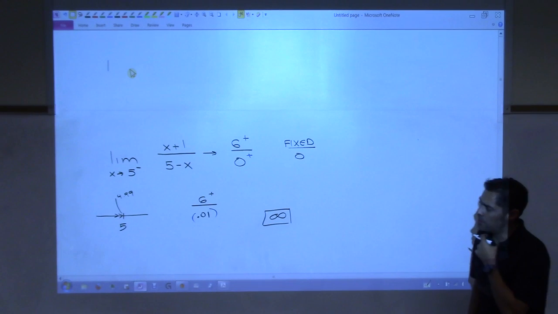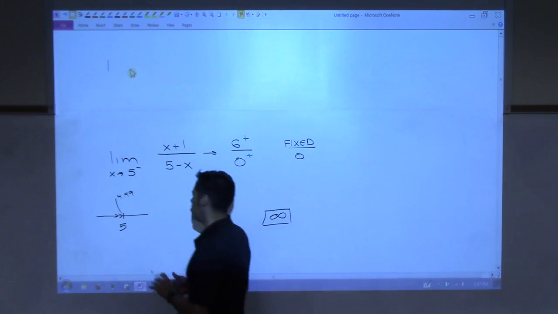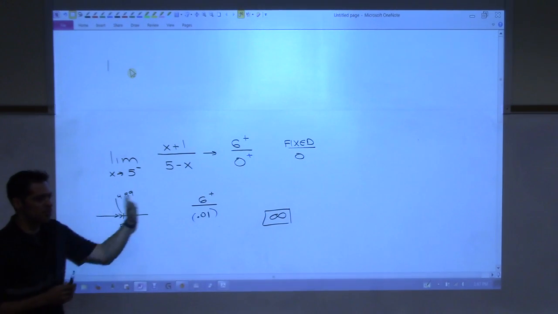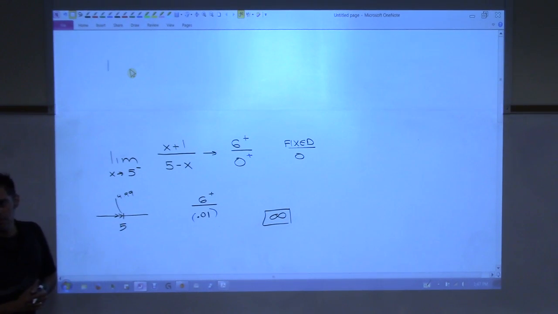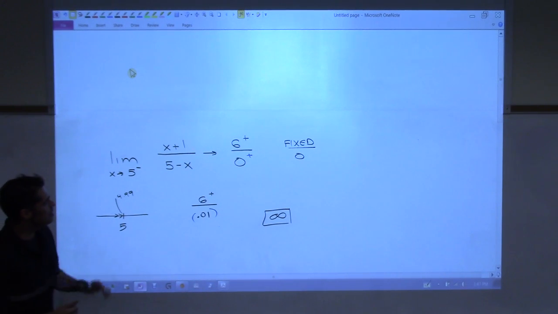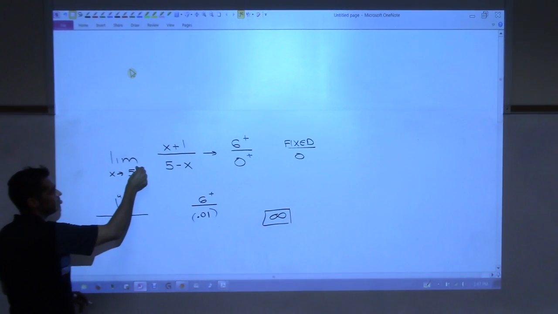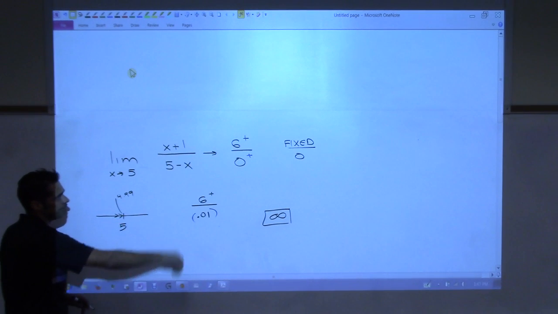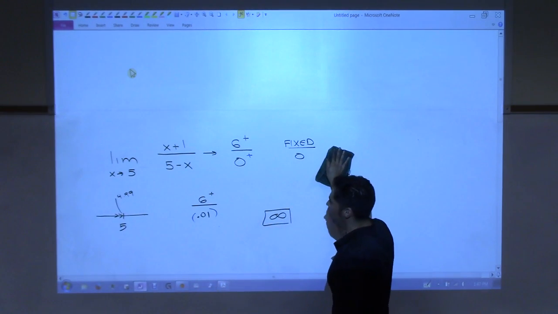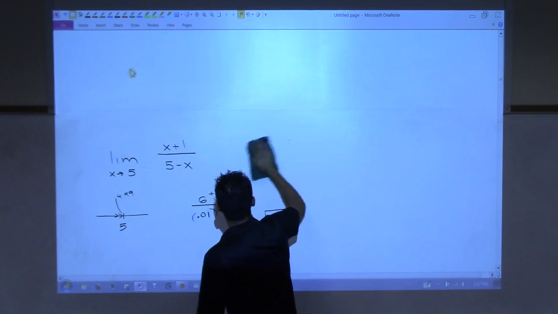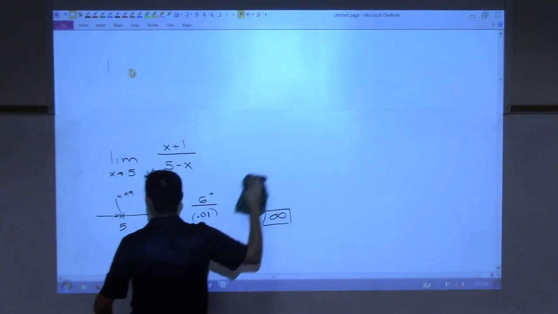Now, in my other class, I had some students ask me, okay, so is it always going to be that if I come in from the left, the answer is positive infinity, and if I come in from the right, it's always negative infinity? No. You have to check it. What if I did this limit, started the problem over, and I didn't put that? You have to check both sides, wouldn't you? Just like you did before. And what would you get if you came in from the left, which we just did?